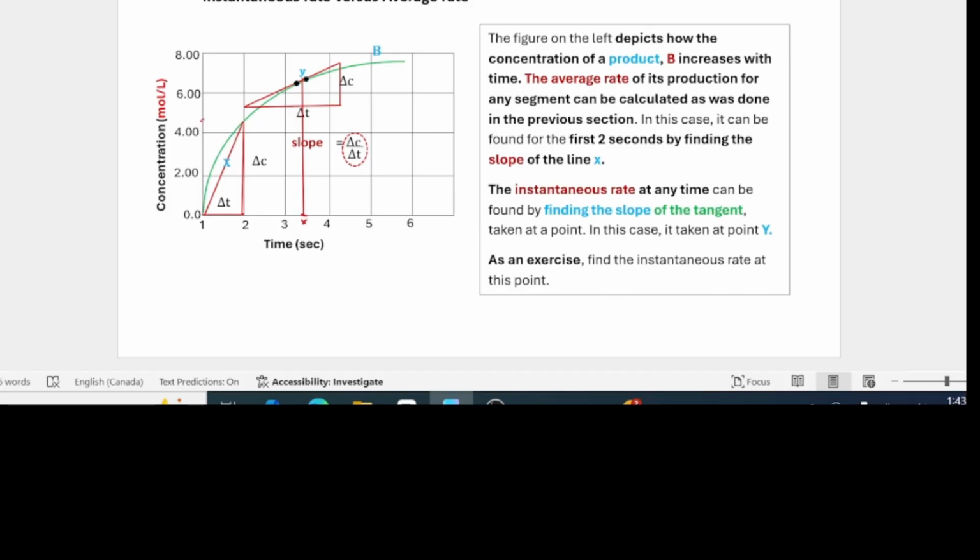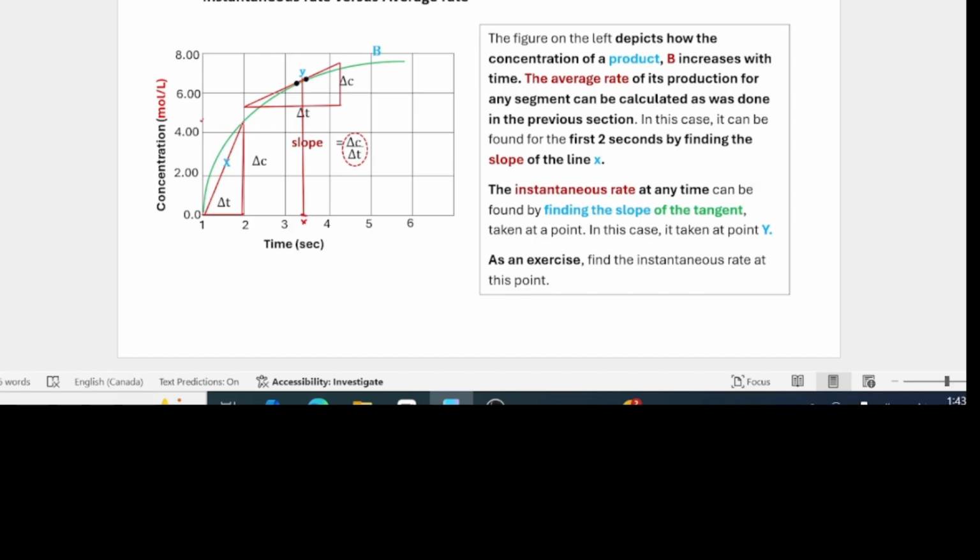We could have found its average rate by finding the slope of this line. And that is done by taking the rise here, which represents a change in concentration, over delta T here, which is called the run, which represents a change in time. And that would have given us, like we did before, the average rate for this segment of the reaction there.